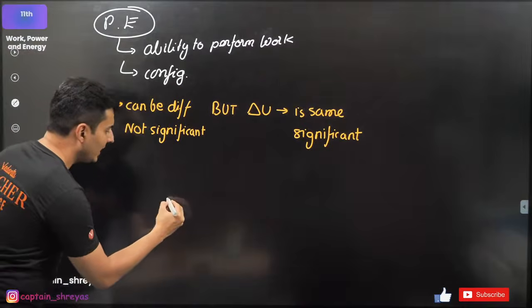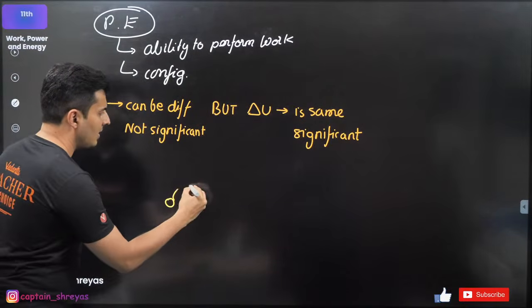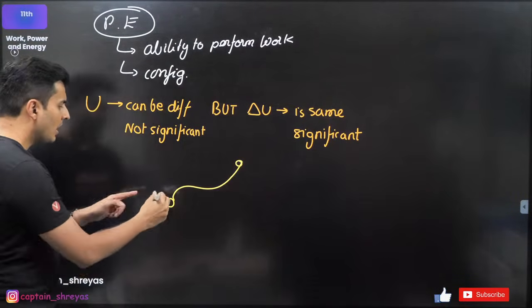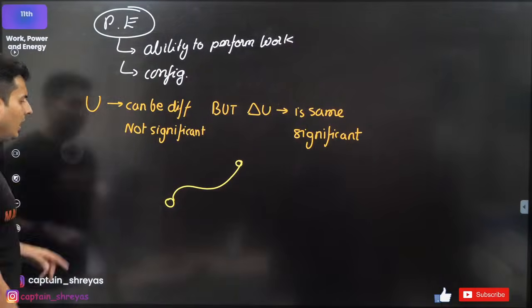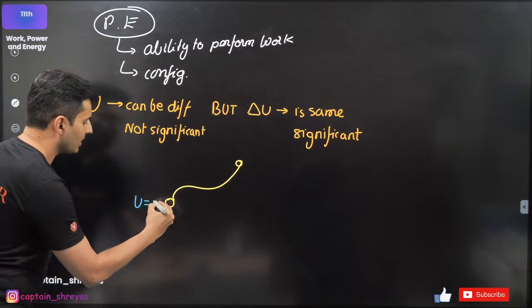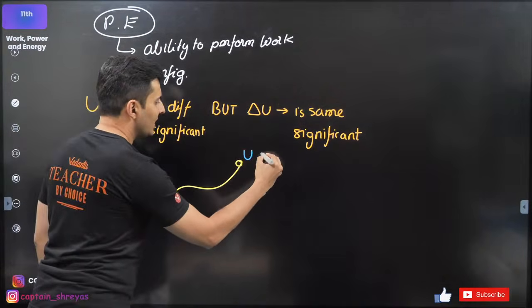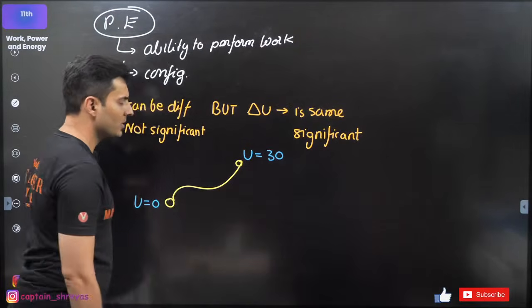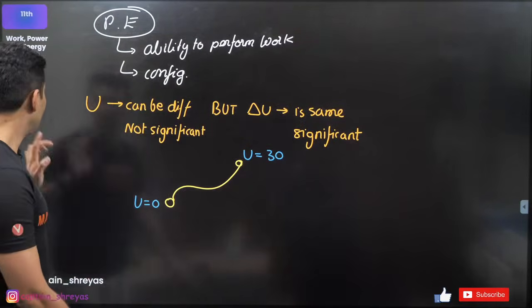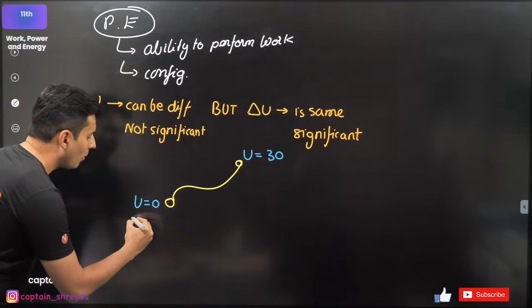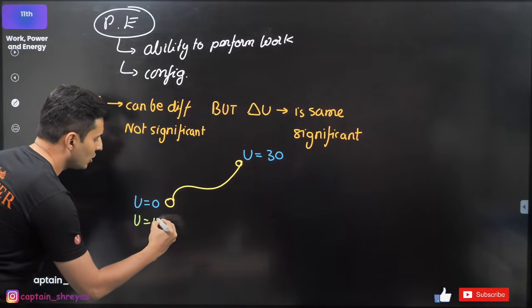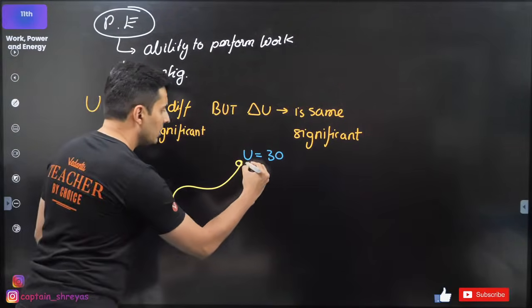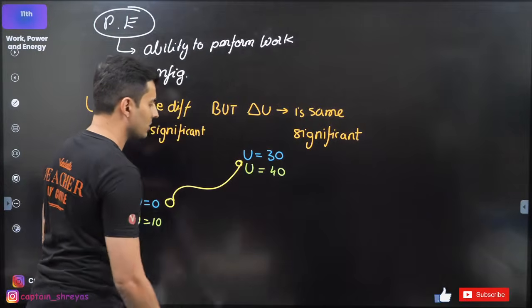Imagine if I take this mass and go over here. Somebody might say, hey, here the potential energy was 0, here the potential energy is 30 joules. Some other guy will come and say, no, wait, U is actually 10 here and 40 joules here.